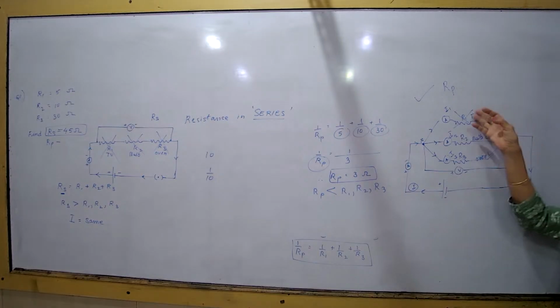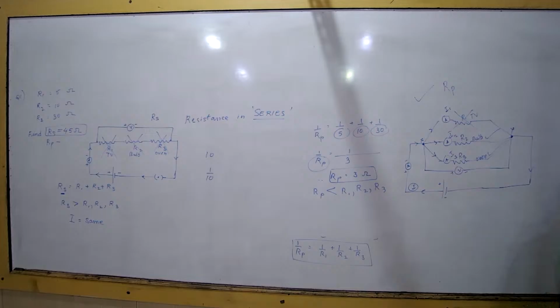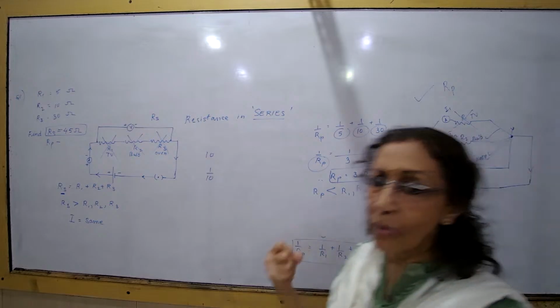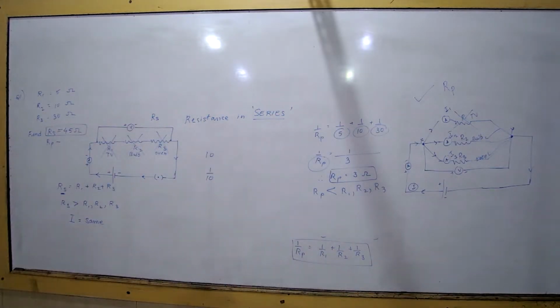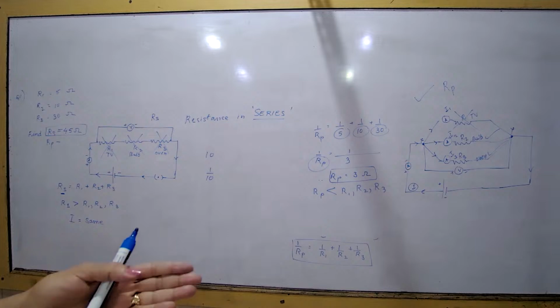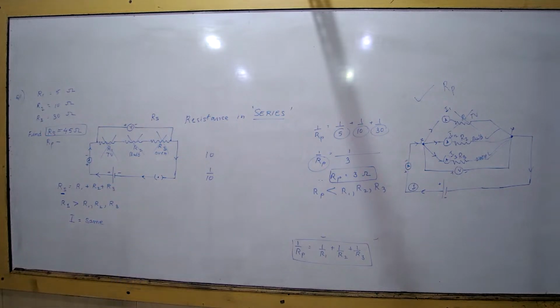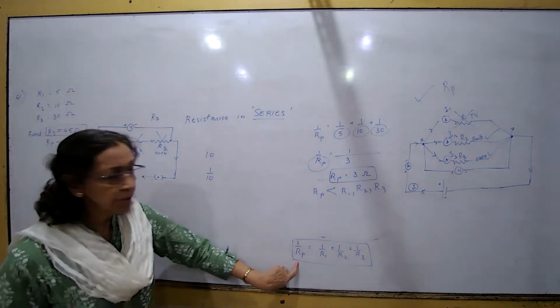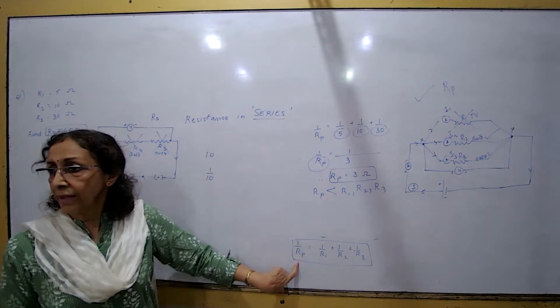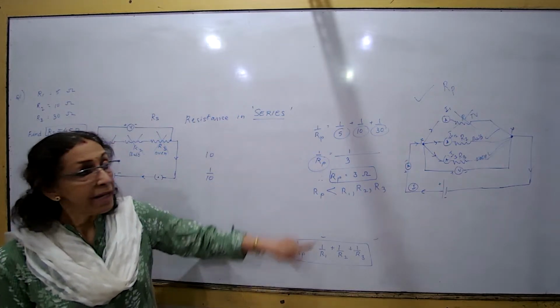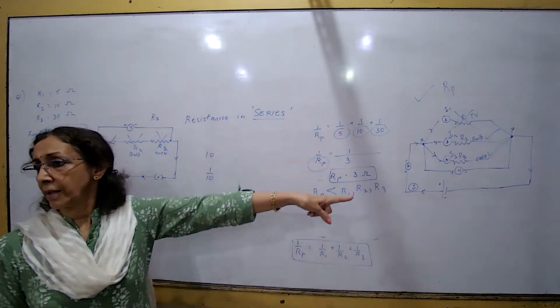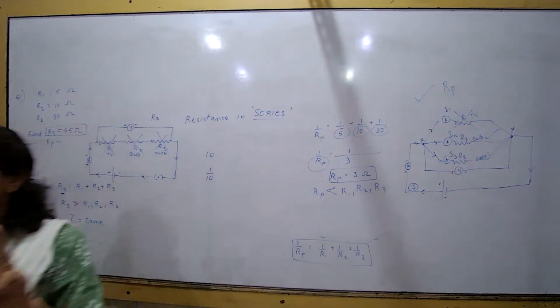Even if something does not work, all other appliances are not affected. The second most important point is that each one of them requires a slightly different amount of current, and you get that advantage by connecting them in parallel. The third advantage is that you can reduce the resistance if they are connected in parallel. So you've got three points.